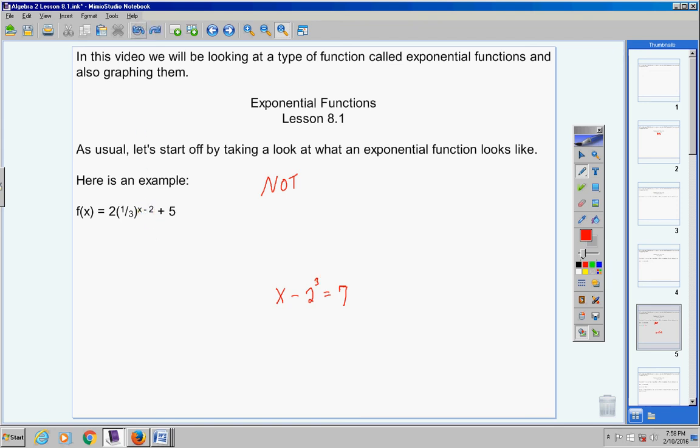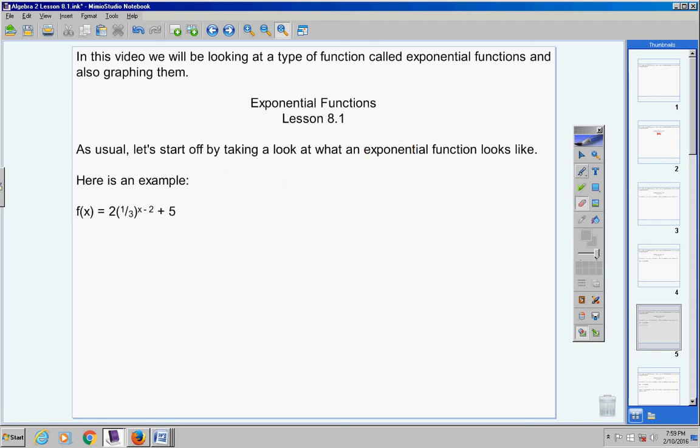What makes this equation an exponential equation is the fact that we have an x, or a variable in my exponent. It could be a y, an a, a b, a c, or a d, or whatever. But since we have an unknown or a variable in our exponent, then we have an exponential function. Do you see that okay?